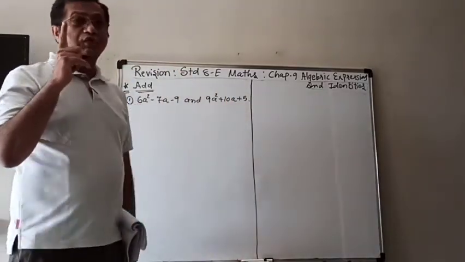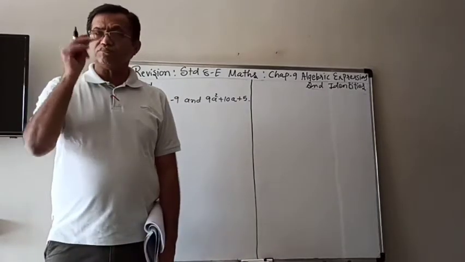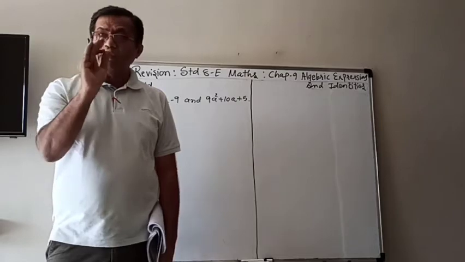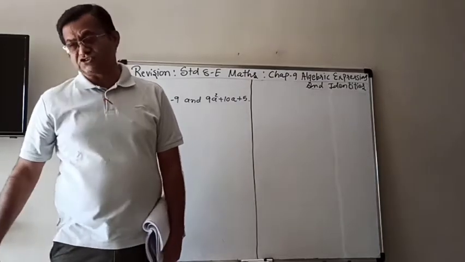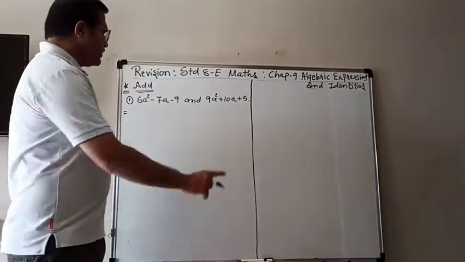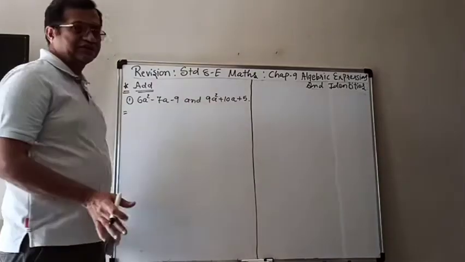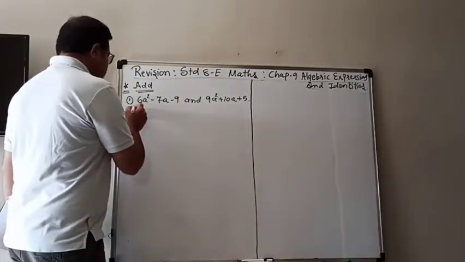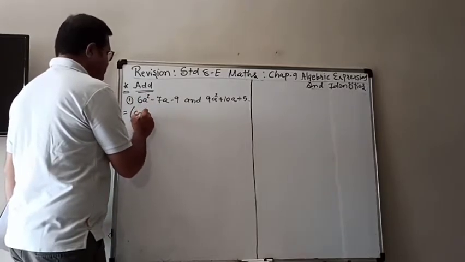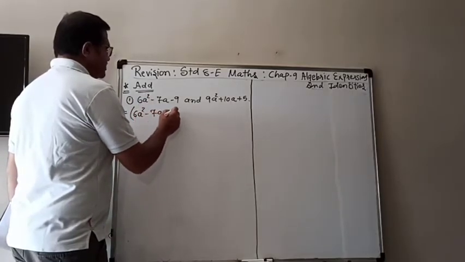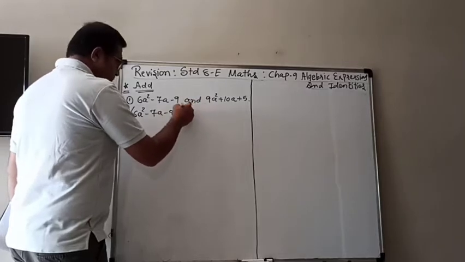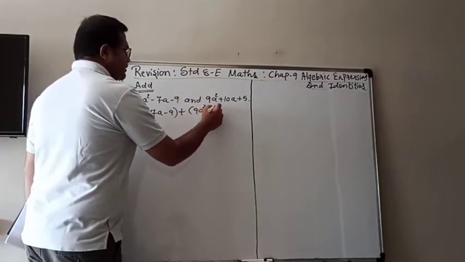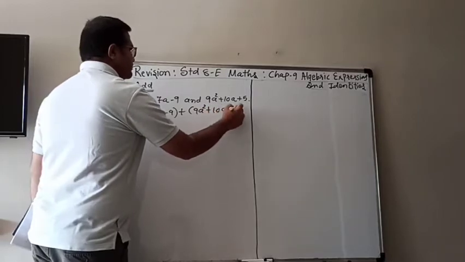So now whatever I am telling, listen carefully and try to remember and follow those instructions. Whenever there is add or subtract, first put each expression in brackets, like 6a square minus 7a minus 9 plus, add means plus, 9a square plus 10a plus 5.